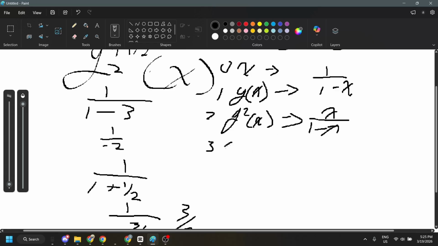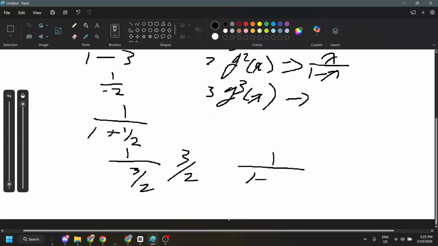And then g3 of x, we get 1 over 1 minus 1 over 3 over 2, is 1 over negative 1/2, which is equal to 2.